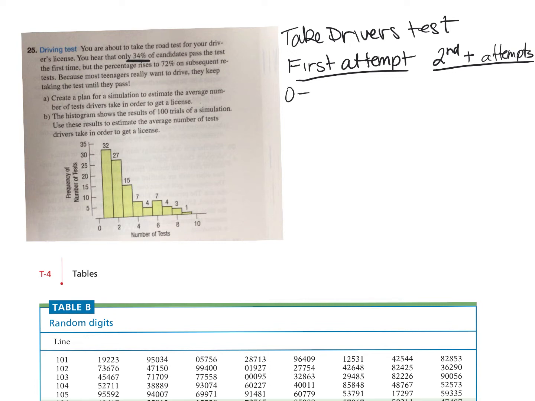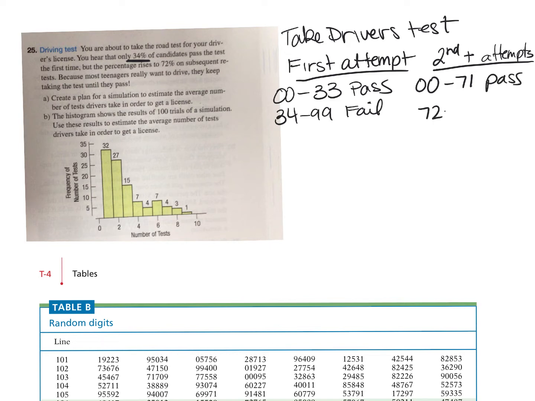So 0 to 33 is pass, and 34 to 99 is going to be fail. If you don't get a pass the first time, you have to take it again. And if you take it again, you have a 72% chance of passing. So 0 to 71, remember we're including 0, so we go from 0 to 71 instead of 1 to 72. And then 72 to 99 is fail.